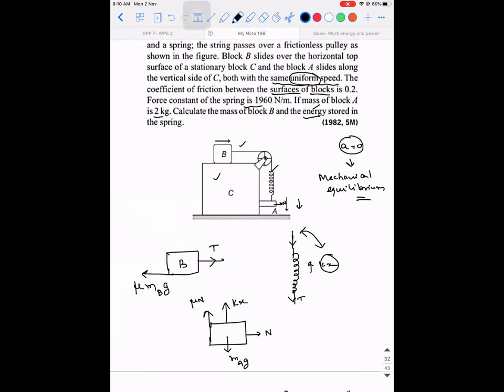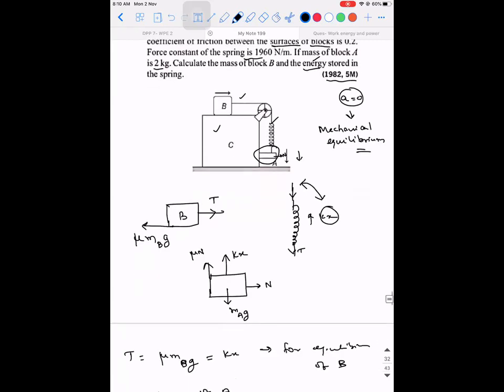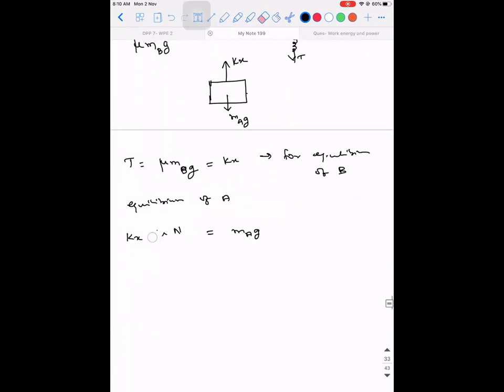You will be able to solve this problem only if you assume this surface to be smooth. It would not have been a question in the exam; it's a printing mistake in this book. So we will not take this into consideration. Then we can solve the problem. With no information related to normal, you cannot find it out and you will get stuck.